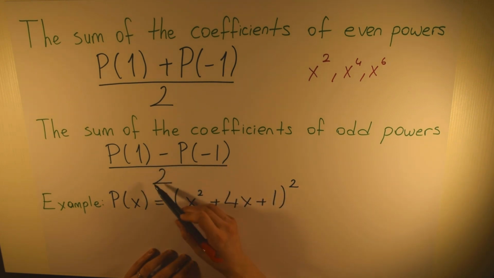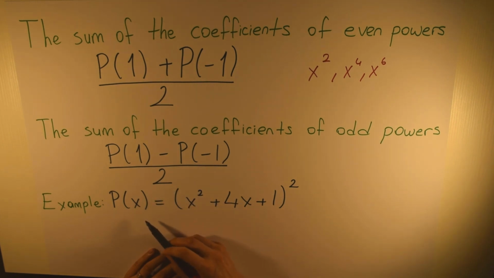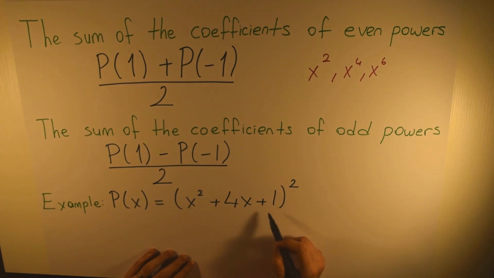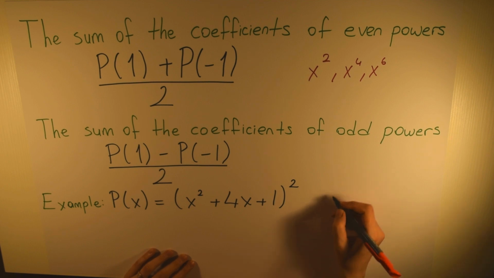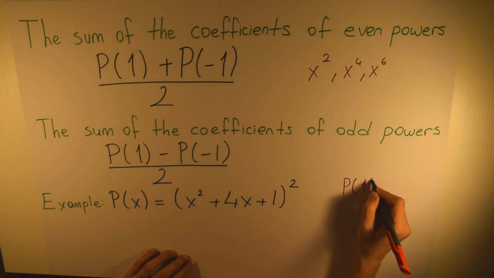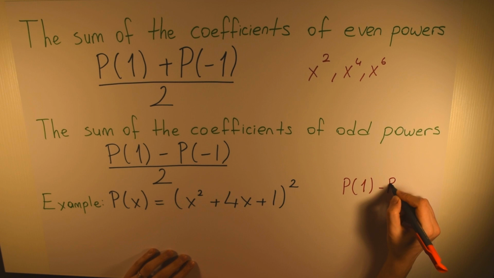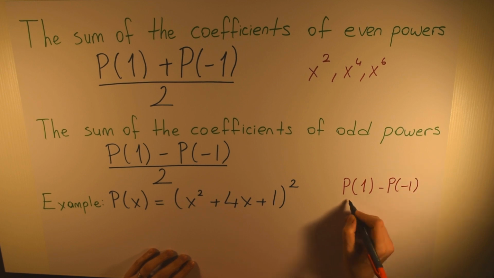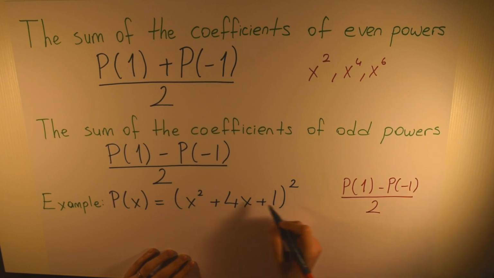For example, this polynomial is given, and it's asking the sum of the coefficients of odd powers. How do we find this? We find (p(1) minus p(minus 1)) over 2, like here. So what is p(1) here?